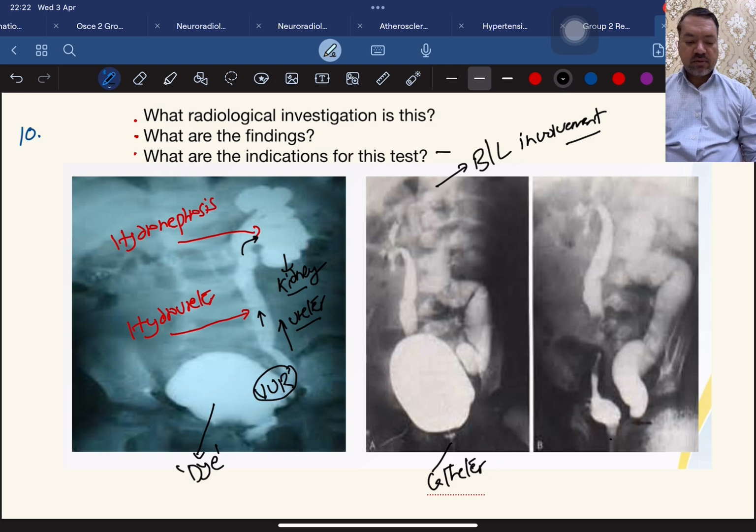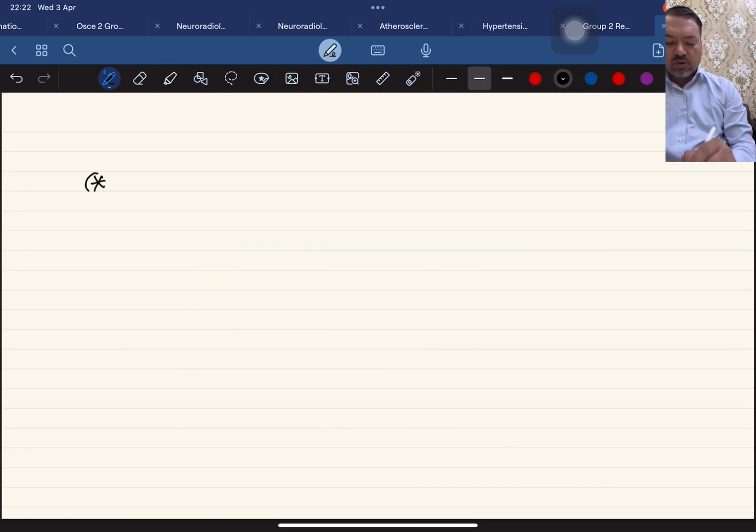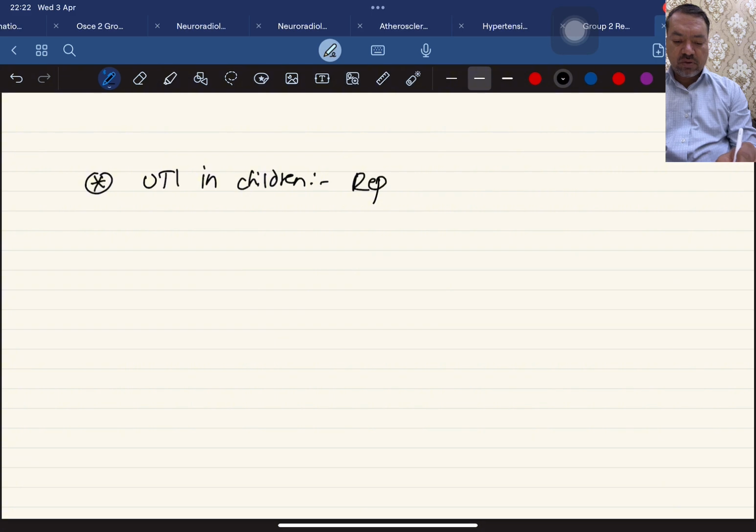And what are the indications for this test? Some of the common indications for this test would be, number one, urinary tract infection in children, especially the repeated UTI.